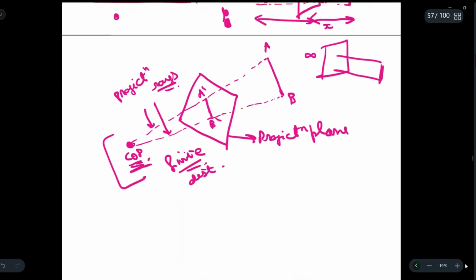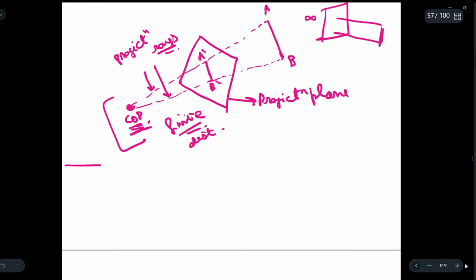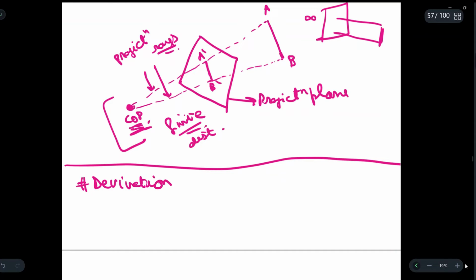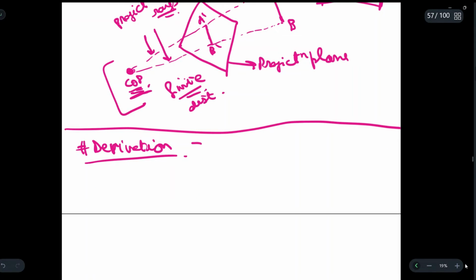Now let us see how we will be deriving the equations of the rays in perspective projection. That is, let us come to the derivation part. First let us draw the 3D coordinate system in which we have x, y and z axes, and suppose we have a cuboid over here, that is, a 3D object.